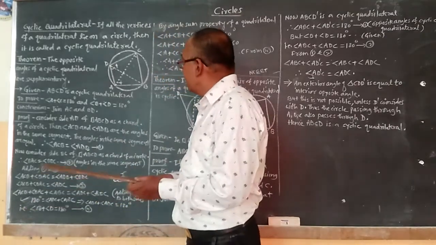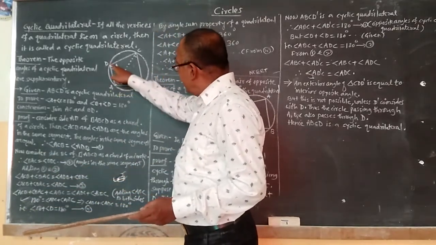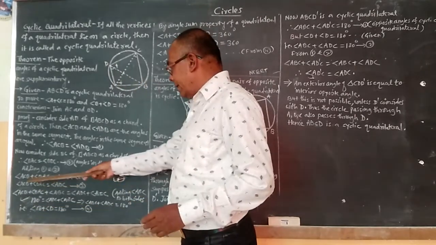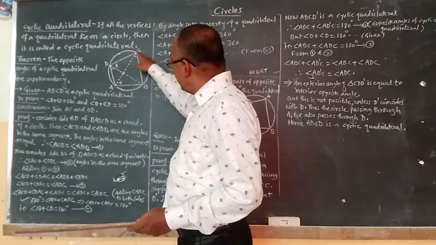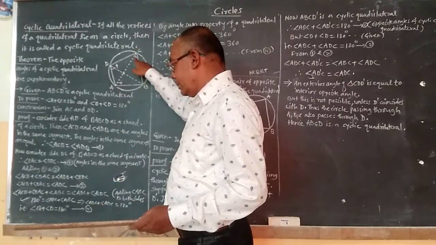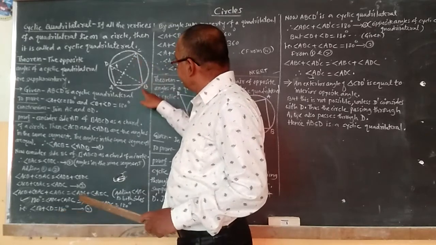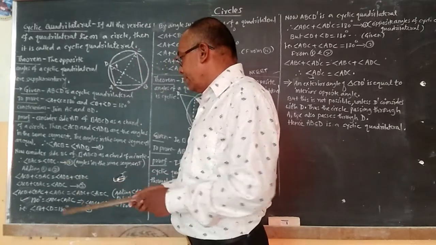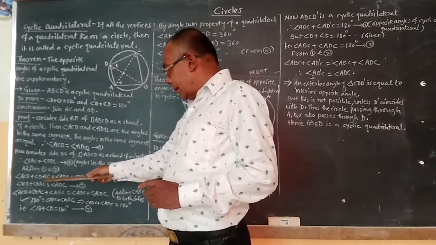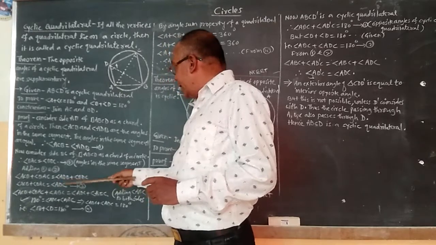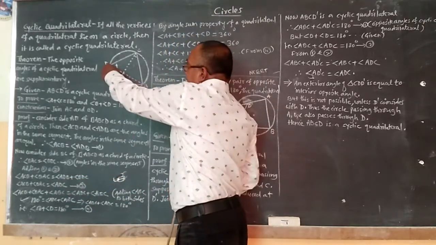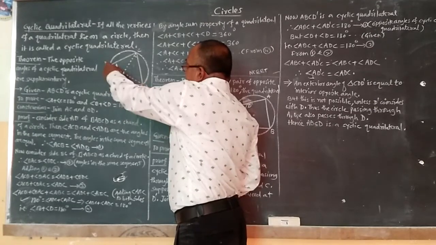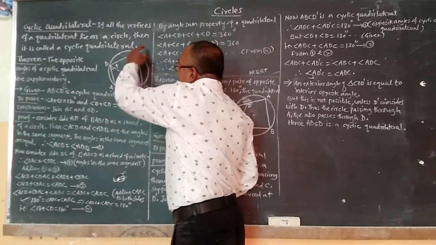Here angle ADB plus angle BDC is equal to angle ADC.